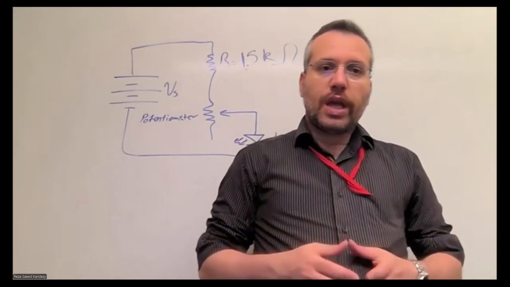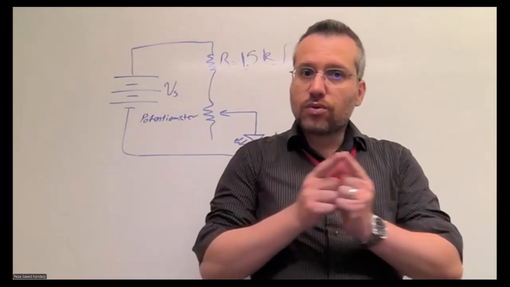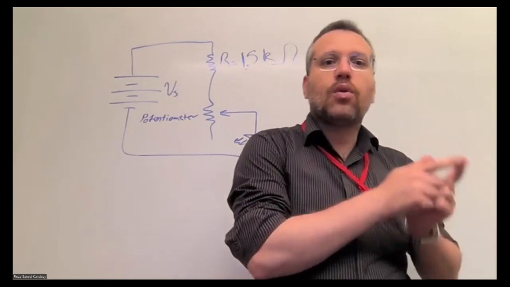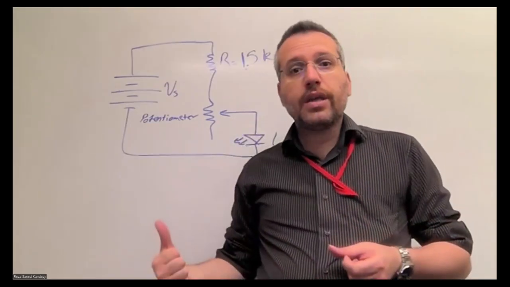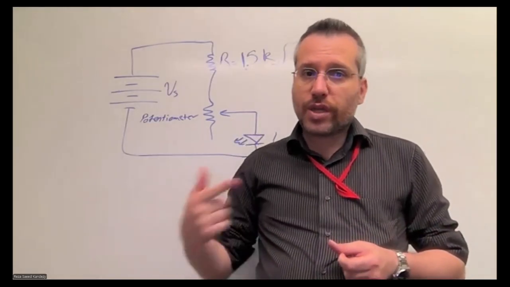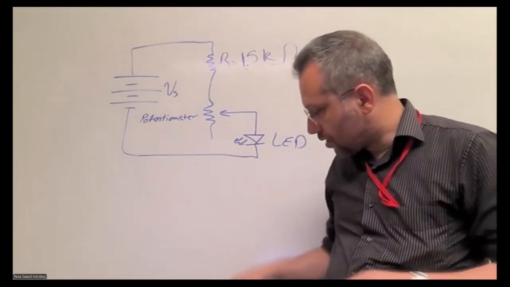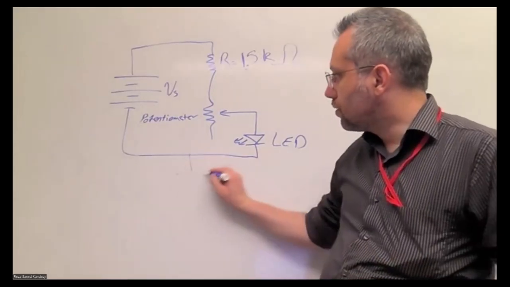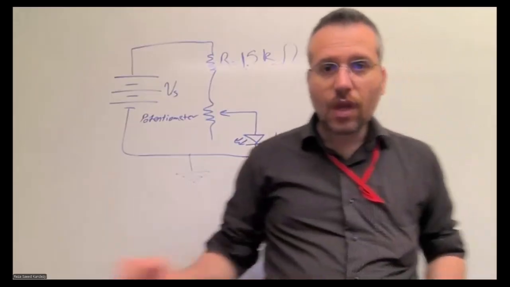The longer leg is the anode, and it goes toward the higher potential or positive terminal. The shorter leg is the cathode, which connects to the lower potential, or in this case ground, and we need a ground to make sure we have a reference.